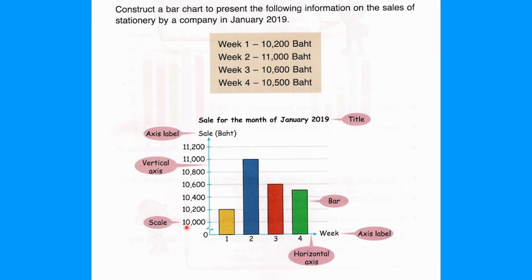So we start the scale at 10,000 and we go up by twos. 10,200, 10,400, 10,600, 10,800, 11,000 and 11,200.